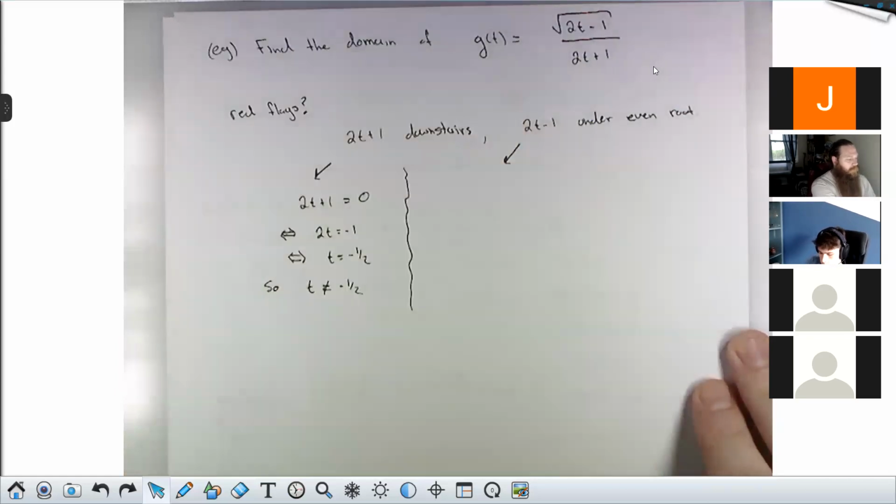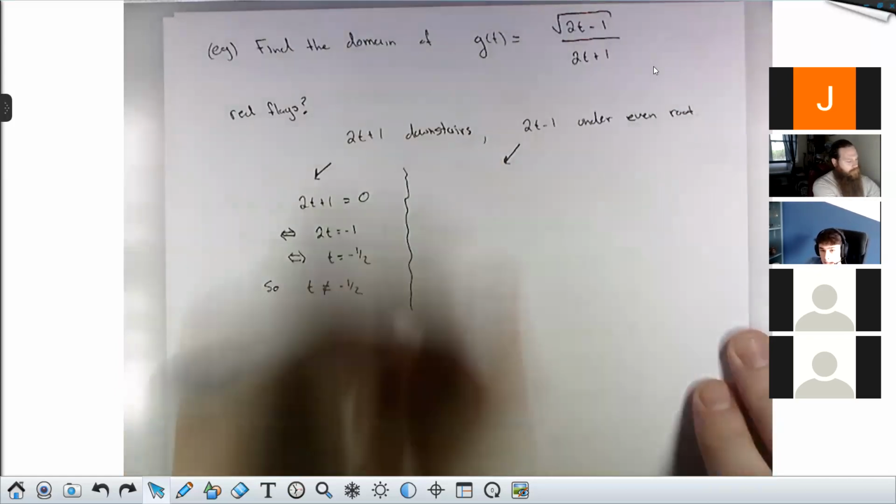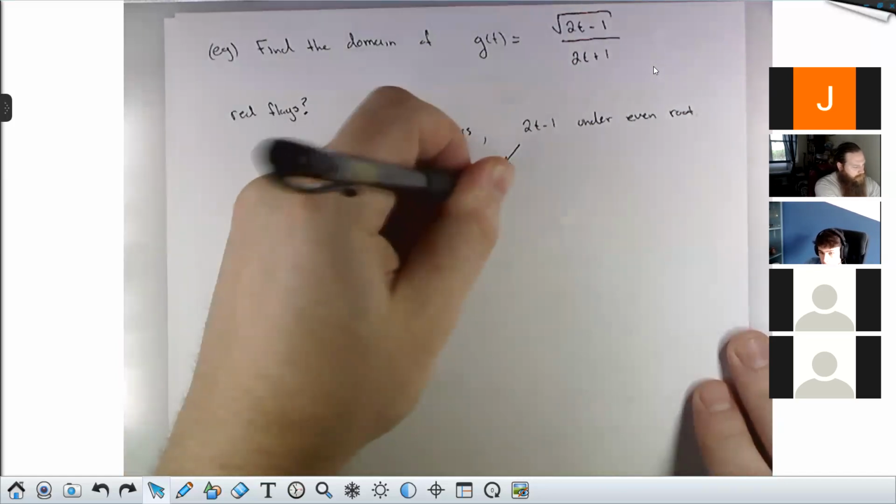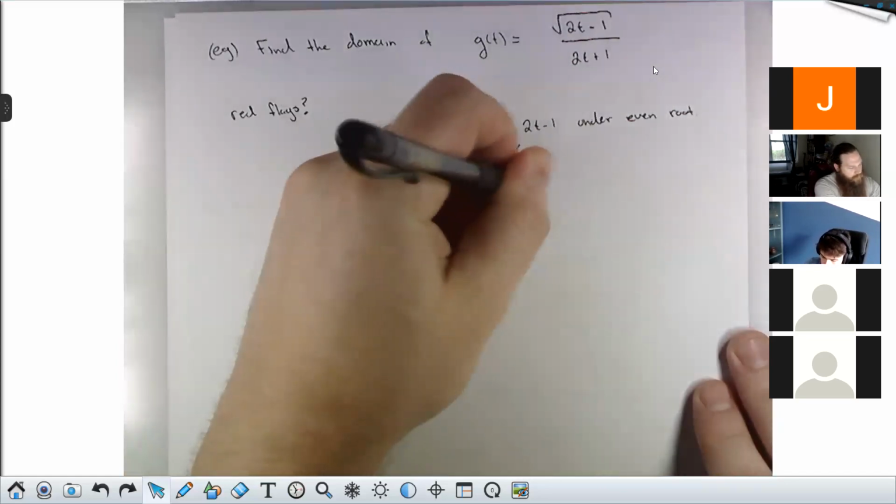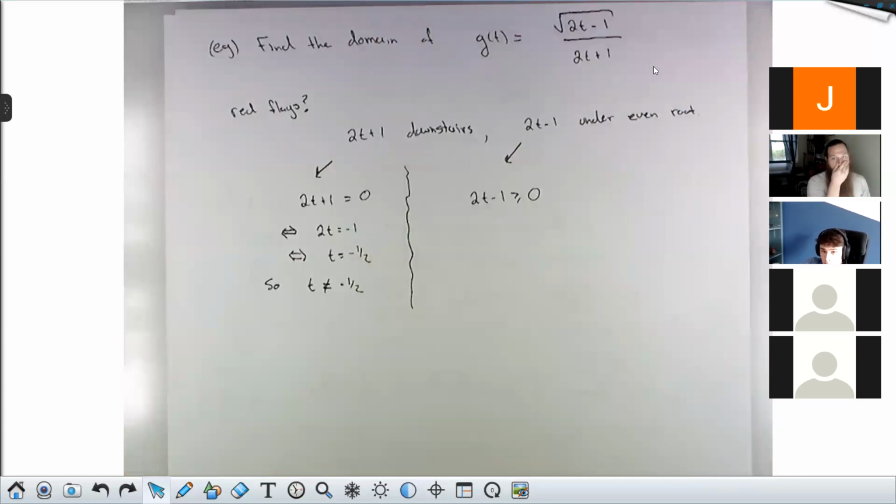Okay. The other thing we had here is 2t minus 1 under an even root. So I need to make sure that 2t minus 1 is greater than or equal to 0. This is not a nonlinear inequality. The last inequality was nonlinear, so we had to use a sign chart to solve it. This is a linear inequality because 2t minus 1 is a linear function, right?